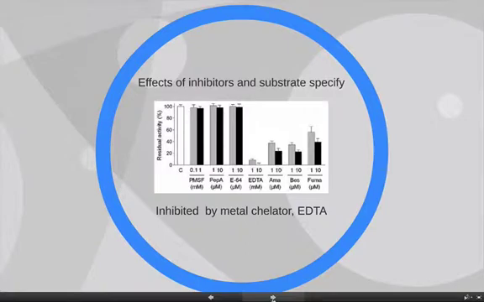Effects of inhibitors and substrate specificity were tested through several assays. The PvMET-AP1 was pre-incubated with each inhibitor, then the substrate was added and enzymatic activity was measured using the same fluorescence assay as before. The only effective inhibitor tested was EDTA, as seen in the middle of our table.